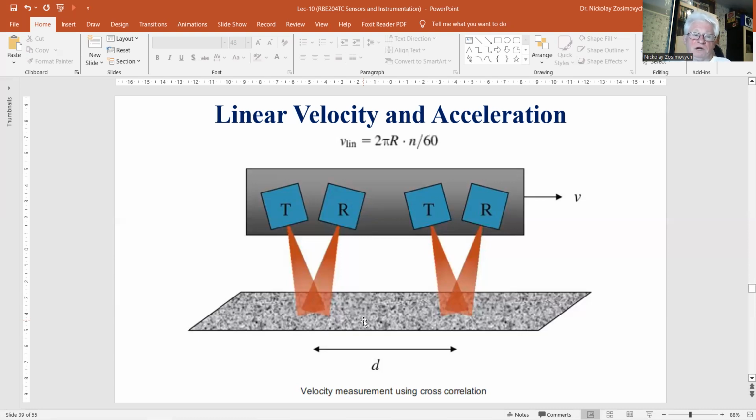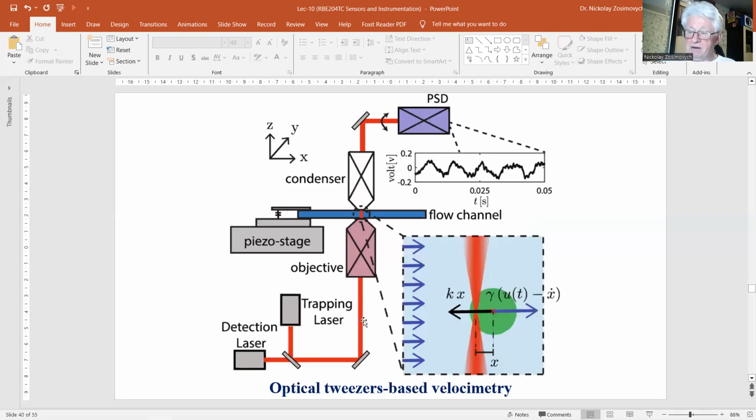Using a special correlation technique, the speed of the moving surface was measured up to 30 kilometers per hour with an error of 9%. Many alternative methods for contact-free velocimetry using optical means have been proposed. We mention just some of them here.